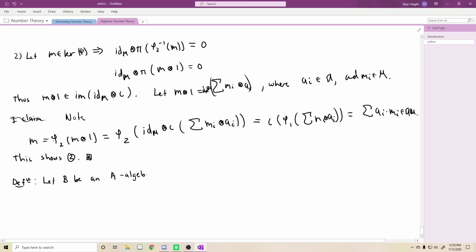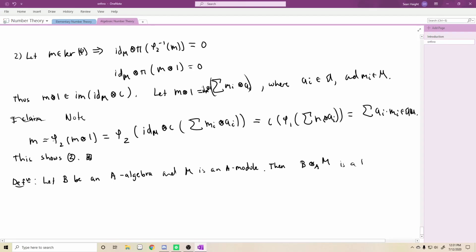Okay. So B is an A algebra and M is an A module. Then B tensor over A with M has a natural B module structure.